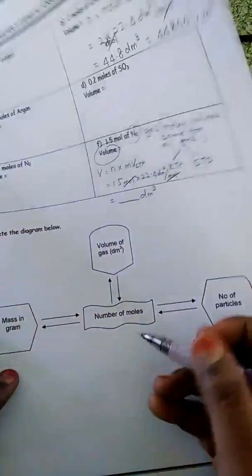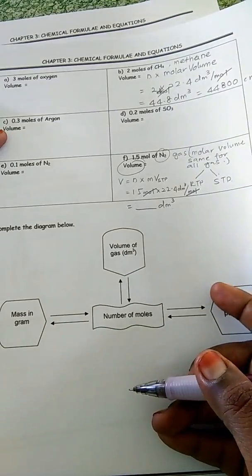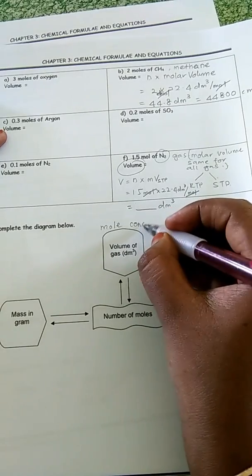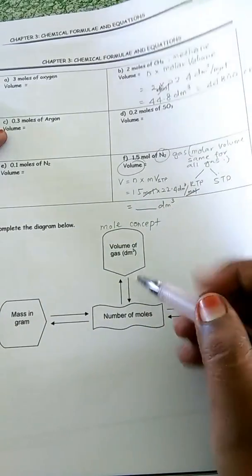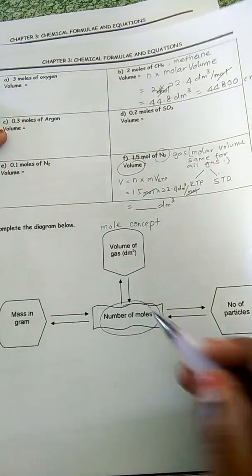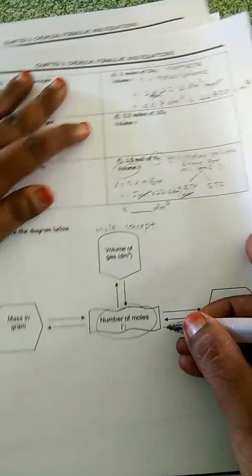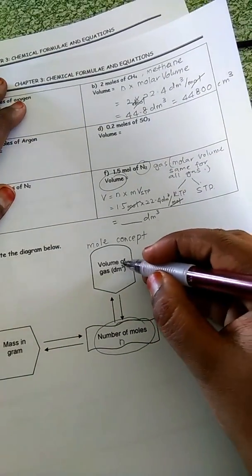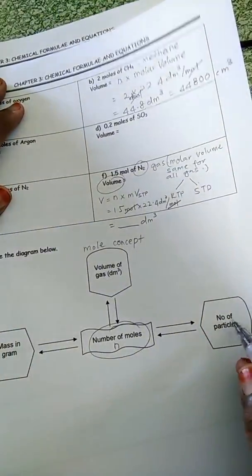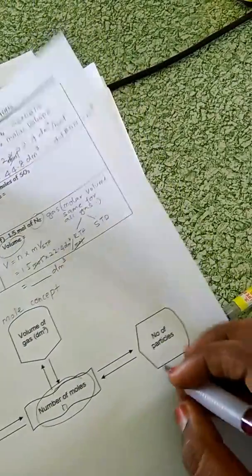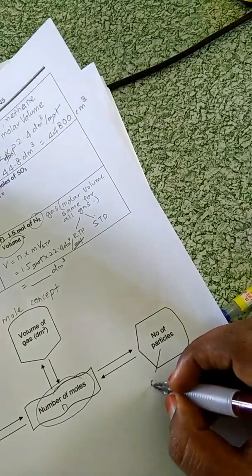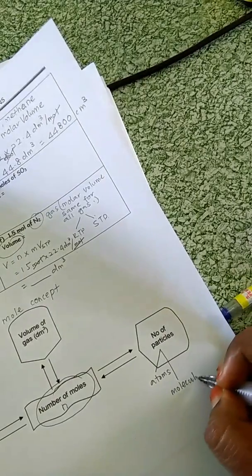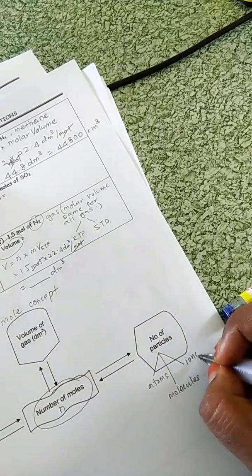Now we summarize everything. This is what we call the mole concept. At the center of this mole concept we talk about mole, and around it volume of gas and number of particles. The particles can be atoms, molecules, or ions.